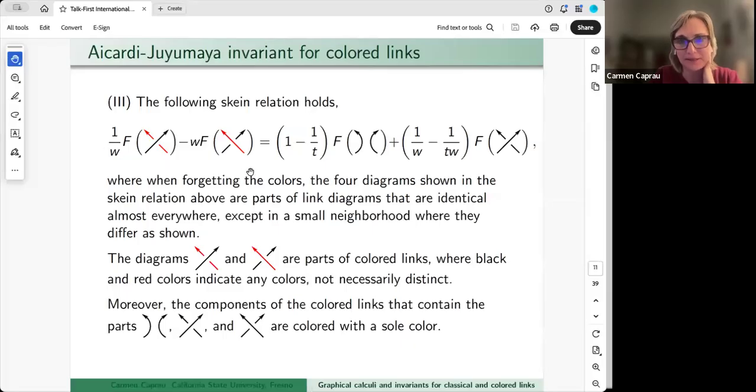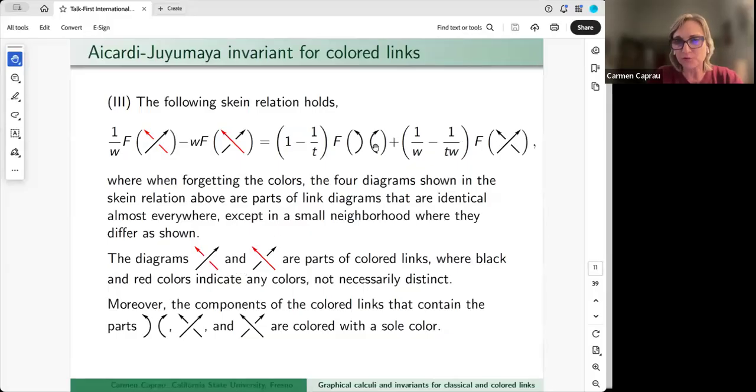The two diagrams here on the left side, where you see that the arcs are colored differently, we want to think about them as being parts of diagrams that are colored differently or maybe even the same. We just allow that they are colored with any colors. And here we just use red and black.